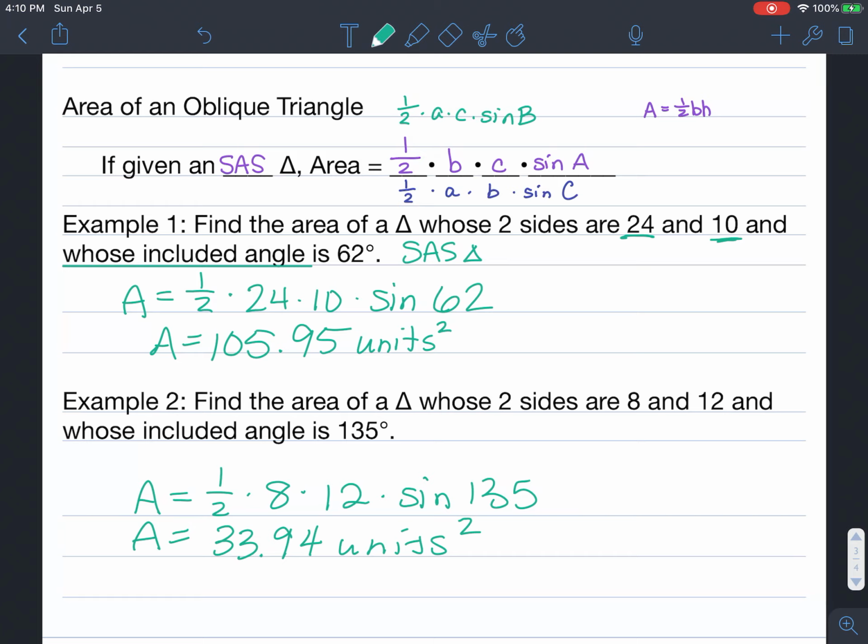And then you'll get this question later and you won't have any idea how you're supposed to find it. So you have to remember that this is what you do. The process of it isn't hard, but you're going to have to remember to use it when it's appropriate. So anytime you're finding an area of an SAS triangle, this is the formula.